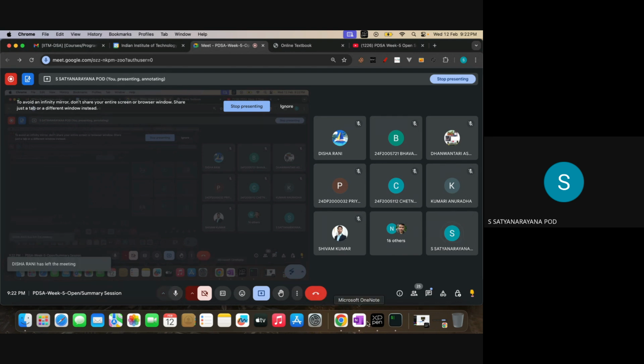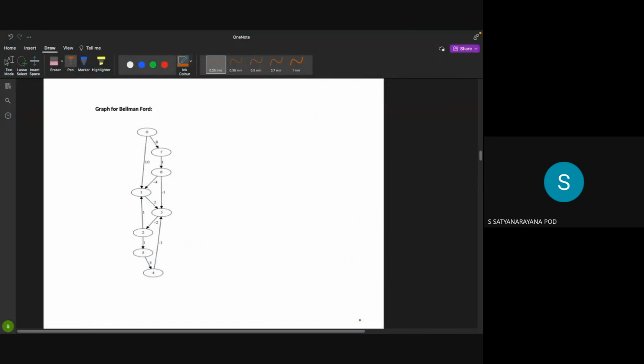Yeah. So please look here. First, think about the Bellman Ford, which works with a concept called edge relaxation.